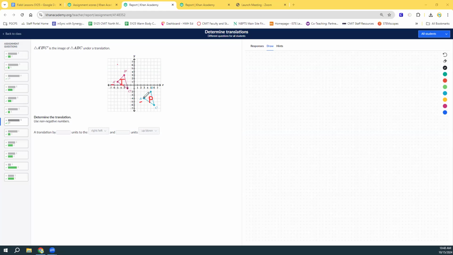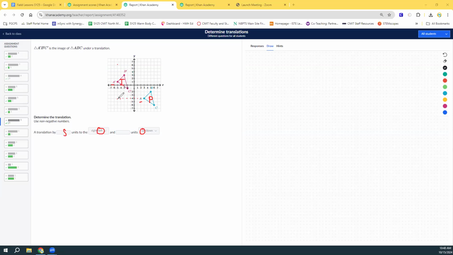So I need to determine the direction, right? So I'm going left, up, left, and up. And I'm going to count the boxes again because it's not going to be that bad. 1, 2, 3, 4, 5, 6, 7, 8. So I'm going 8 units left.